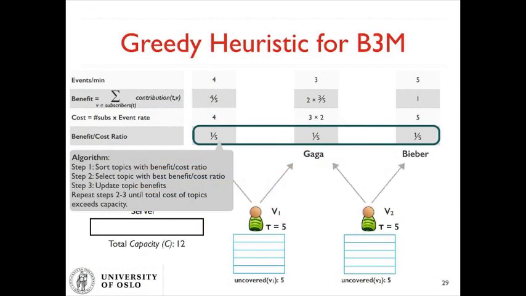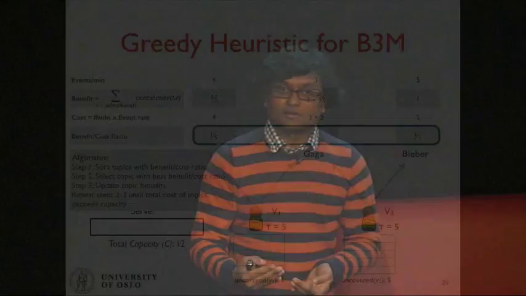The algorithm is that we select the topics with the best benefit to cost ratio. As we select more and more topics, we update the benefits of affected topics which have common subscribers, because having selected a topic for a subscriber decreases the benefit of contribution from the other topics.